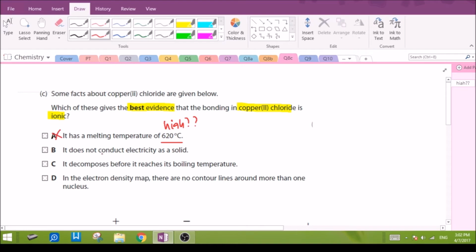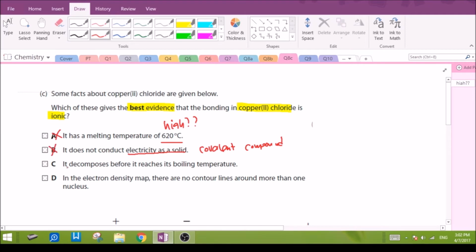It does not conduct electricity as a solid. Now, this is not exclusive to ionic compounds. Covalent compounds also don't conduct electricity as a solid. So again, inconclusive of it being an ionic substance. It decomposes before it reaches its boiling temperature.